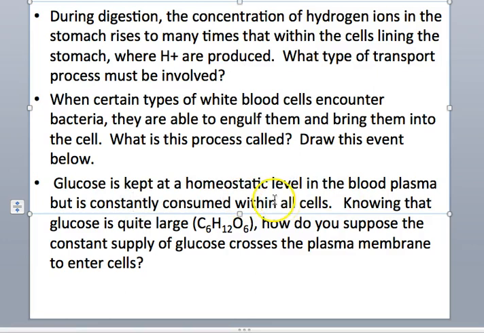If glucose is large, how does a constant supply of it cross the membrane? It goes from the high concentration in the blood to the low concentration in the cell. That is, again, facilitated diffusion. If it was moving against the gradient, it would be active transport because it would need energy to work. And that is, short but sweet, how stuff crosses the membrane.